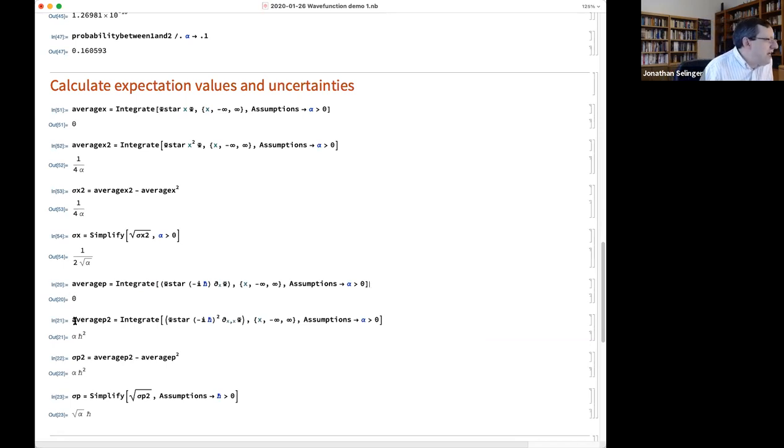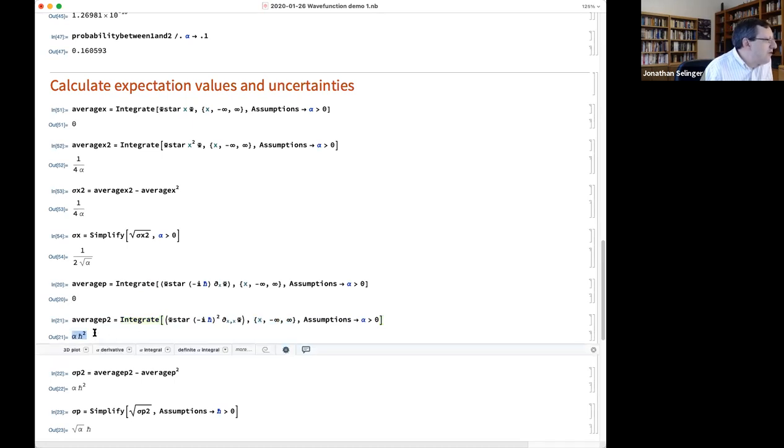But there's still an average of p squared, okay? That is the average of minus i h bar squared times the second derivative with respect to x of the wave function integrated over all x, and that's not 0. Okay? So we get some average momentum squared.